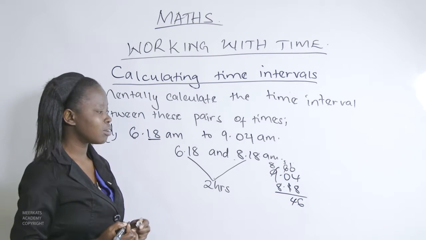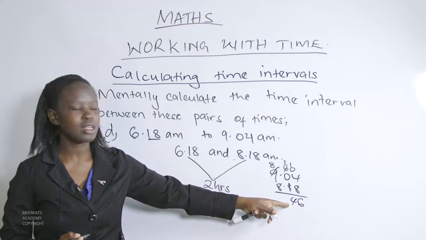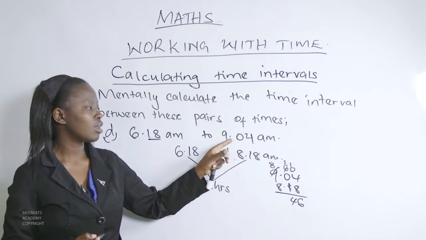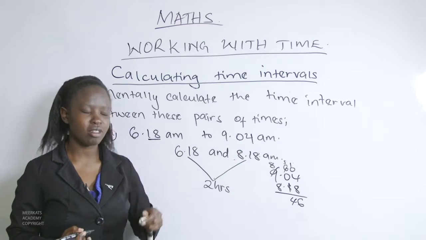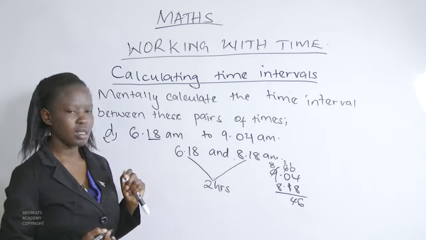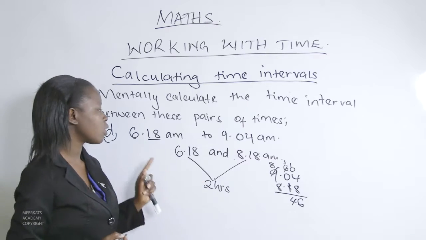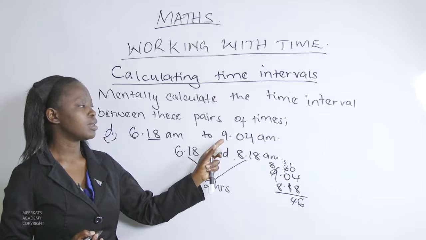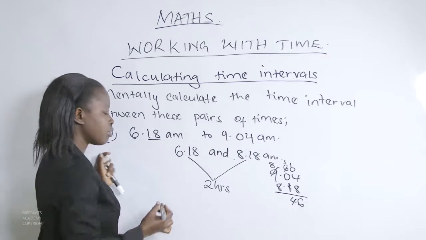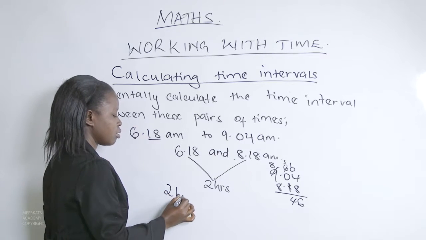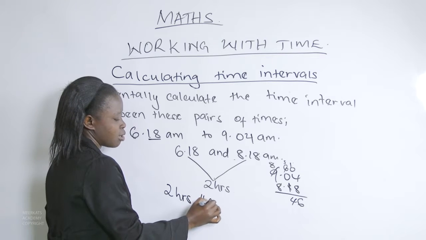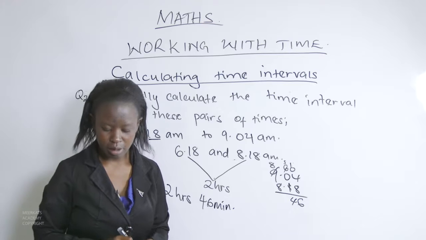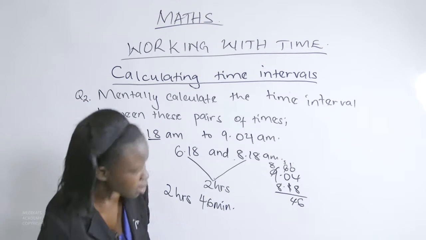So the number of minutes I need to add to 8:18 a.m. to get 9:04 a.m. is simply 46 minutes. So that brings us to the final conclusion that the time difference between 6:18 a.m. and 9:04 a.m. is simply 2 hours, 46 minutes.